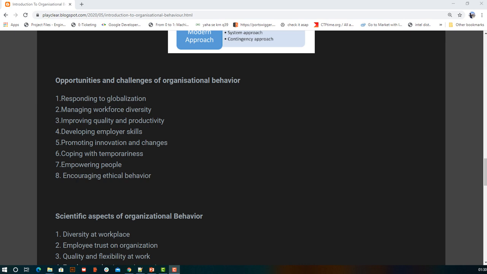Next is developing employee skills. We can see that training costs and all these things are very high nowadays. So if a company is taking all those initiatives to teach an employee, there will be trust between the employer and the employee. So even the employer is benefiting and even the employee is benefiting.